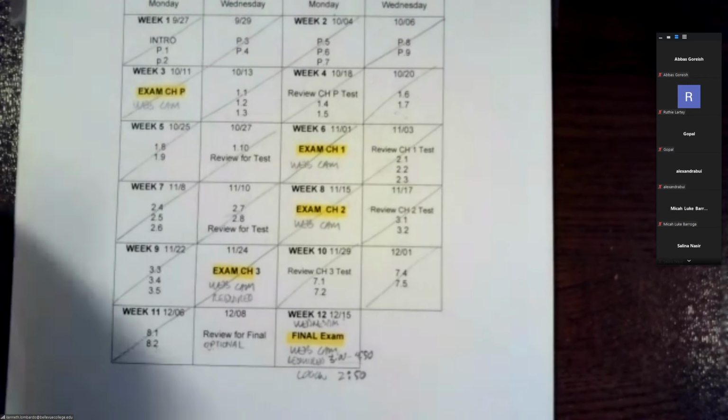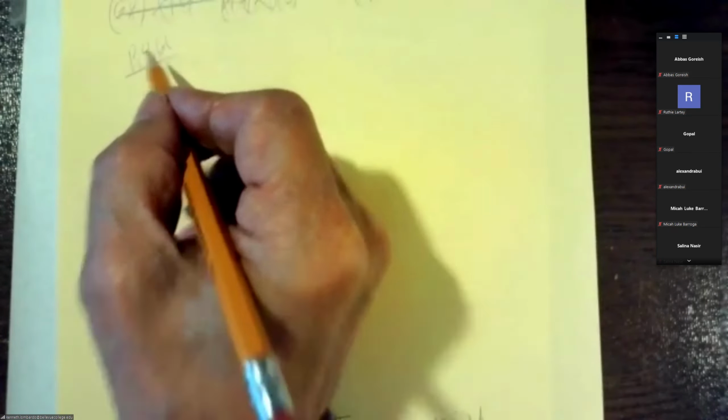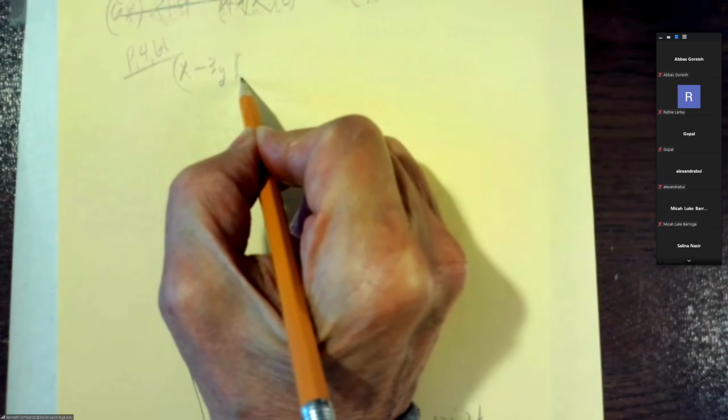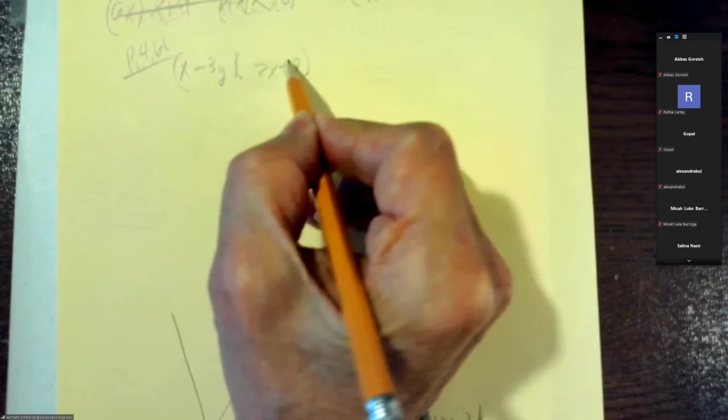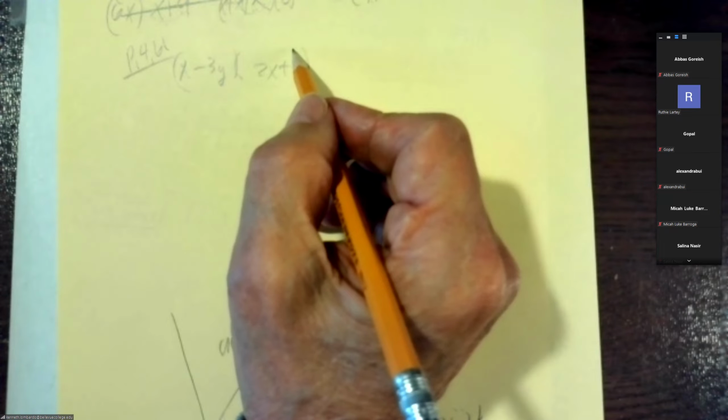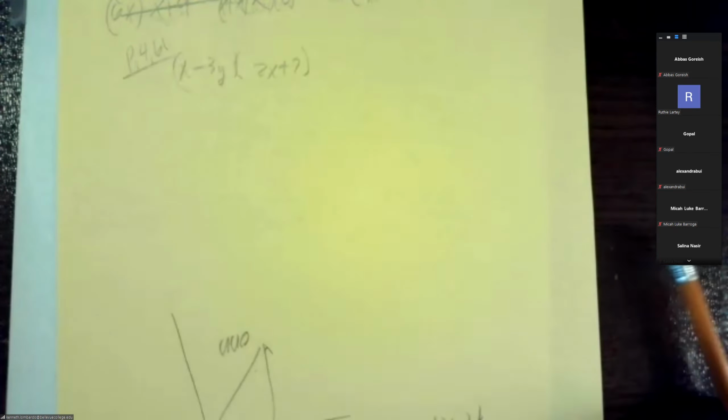Find the product. P461, it's x minus 3y and 2x plus 7, and it just wants you to multiply those.